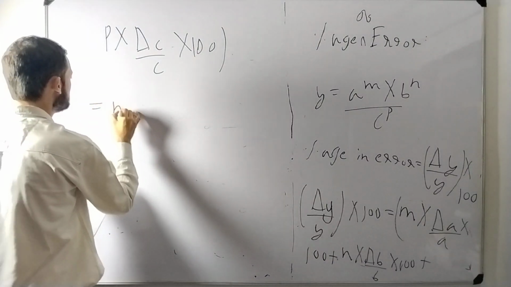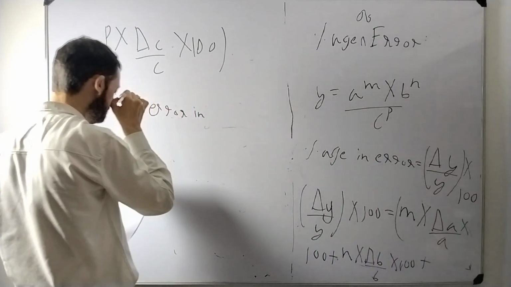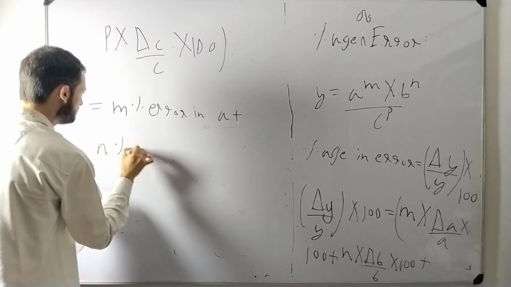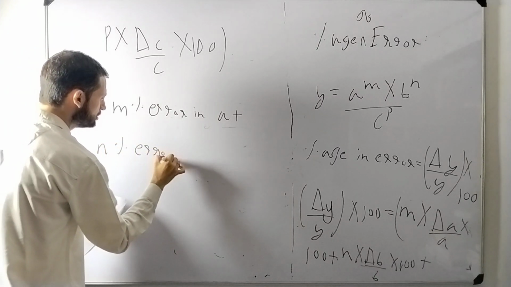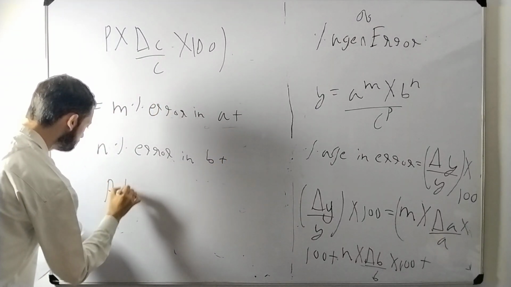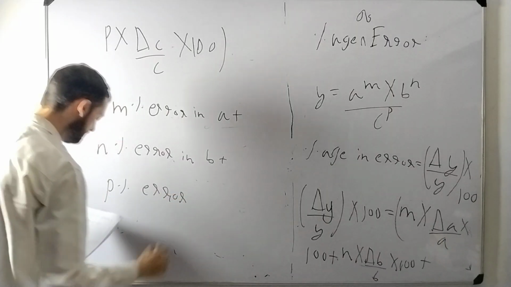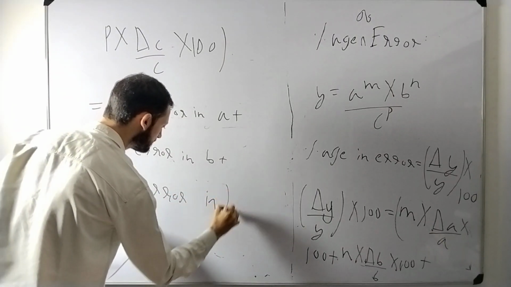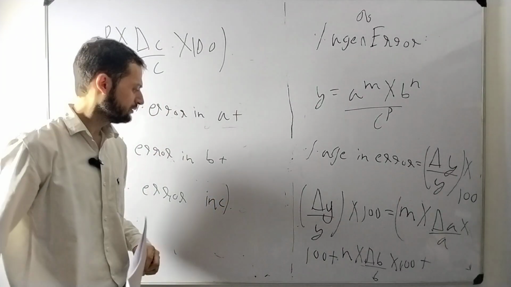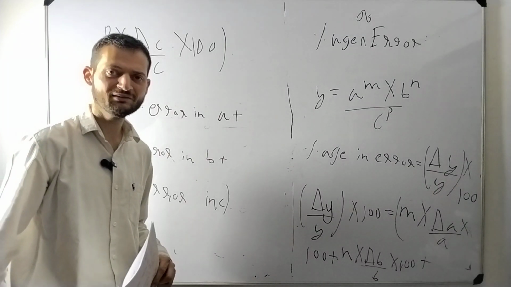So this becomes m% error in A, the first term, and n% error in B, and p% error in C. Okay, students. So this is the theory part of errors. I will stop here for now. Thank you.